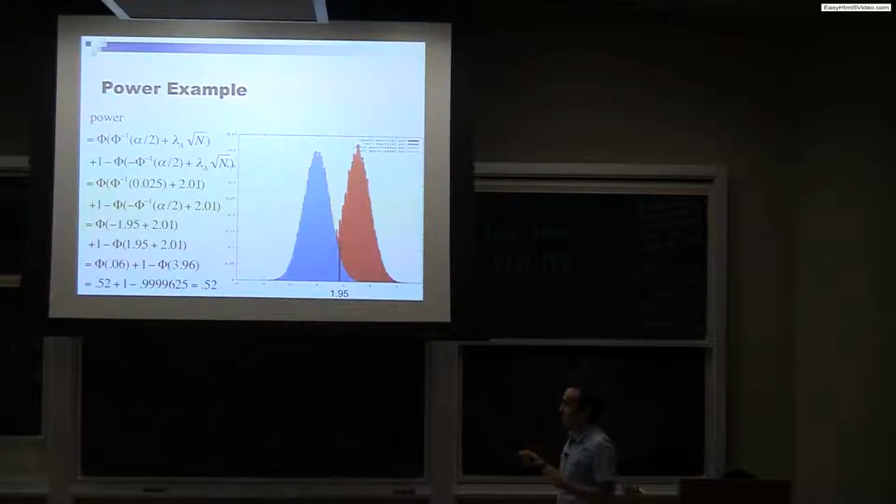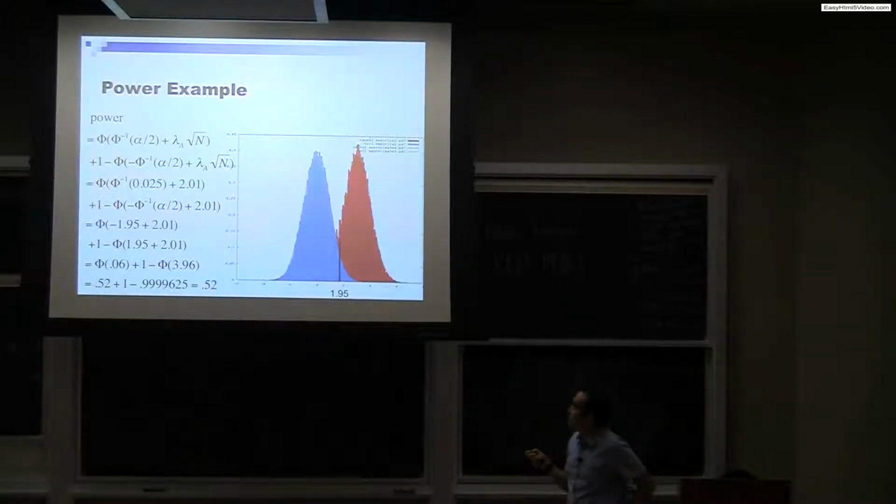It looks kind of confusing, and there are a lot of different ways that you can come up with this statistic. I always think of it in terms of the graphs because it's easier. But this is I think the most compact formula. This term is the threshold plus the non-centrality parameter, the CDF of that, plus 1 minus the CDF of the negative threshold plus that non-centrality parameter.